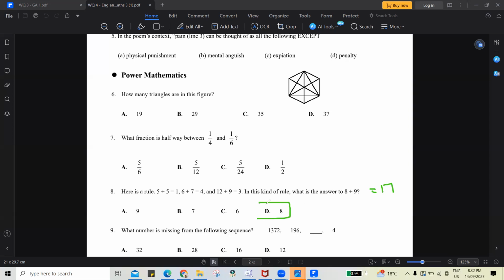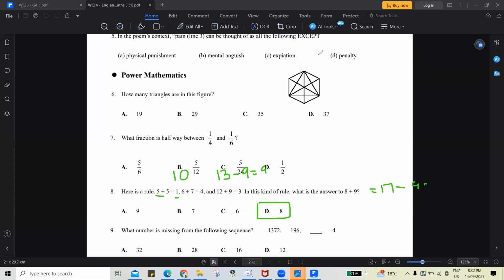How do you get 8? Because if you look at the first one, 5 plus 5 equals 10, minus 9 equals 1. 6 plus 7 equals 13, minus 9 is 4. 12 plus 9 is 21, minus 9 is 3. So 8 plus 9 is 17, minus 9 would be 8.